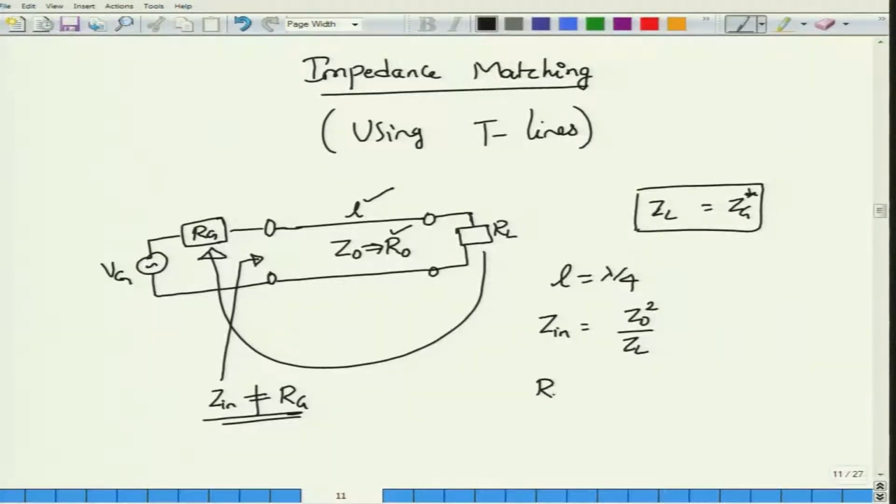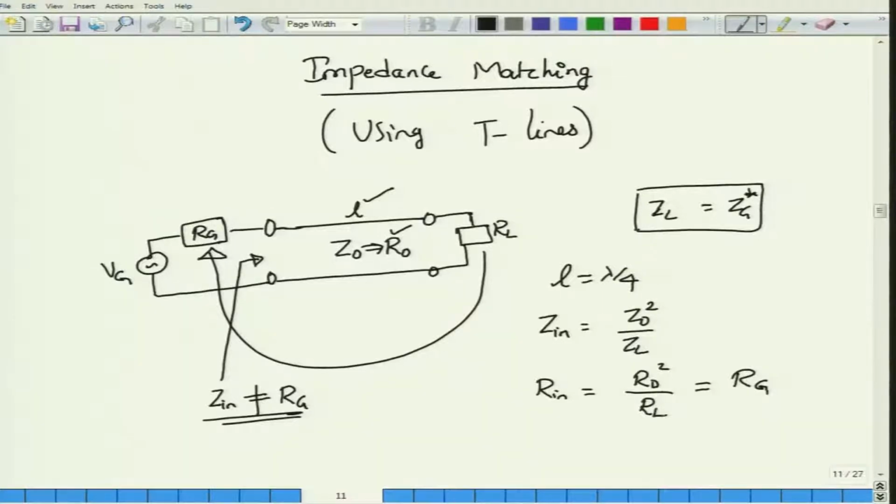Or for the real case that we are considering, R in will be equal to R0 square divided by RL. But please note that this is only R in, the impedance seen looking into the transmission line and the load. If we somehow make this equal to Rg, then we have achieved our operation. Why?